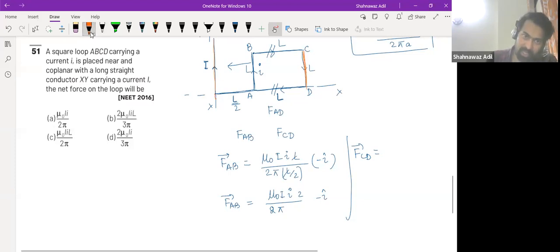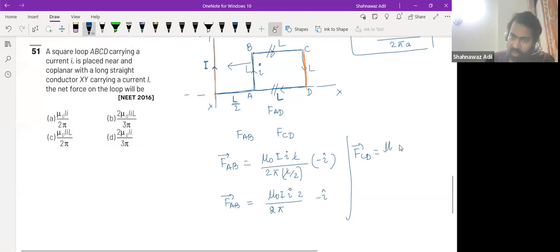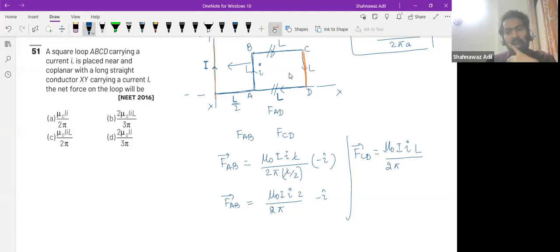So we know that the force would be mu naught I1, I2, and this length L, divided by 2 pi and the separation between the wires. How much is that? That is L by 2 plus L, so that is 3L by 2, right, guys?